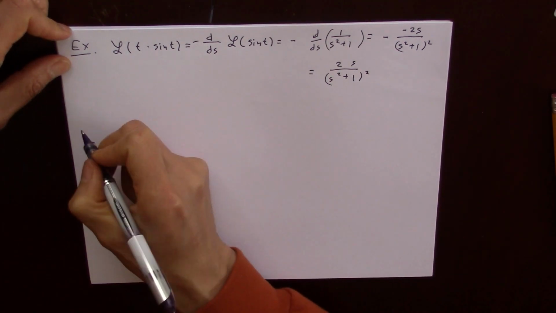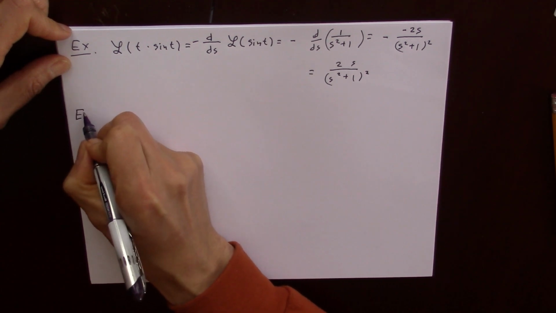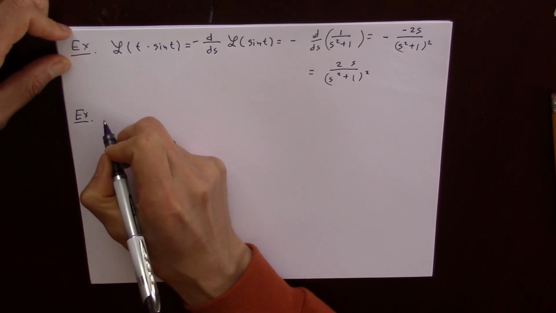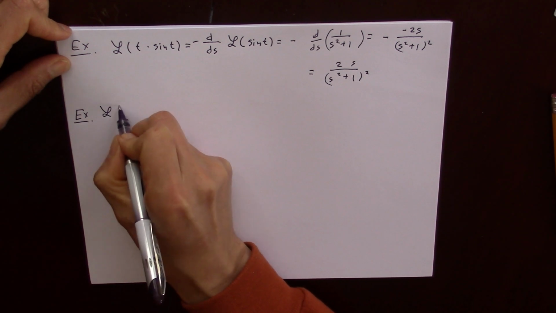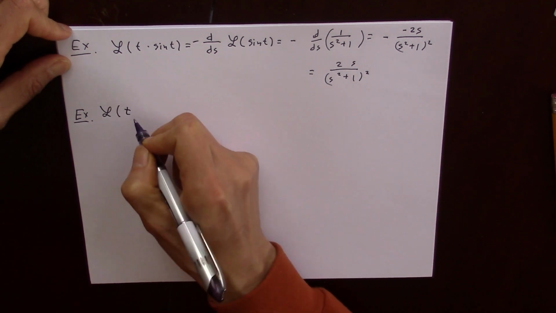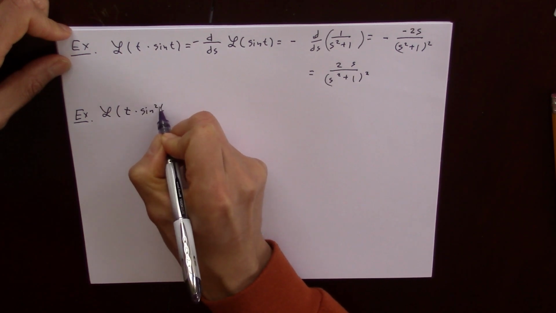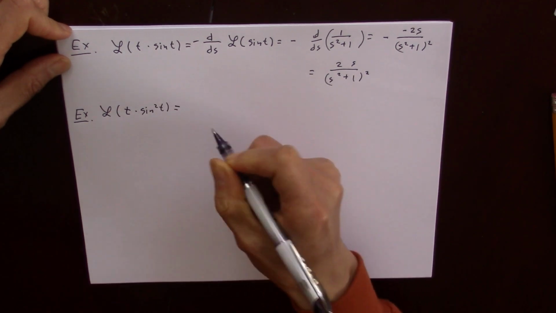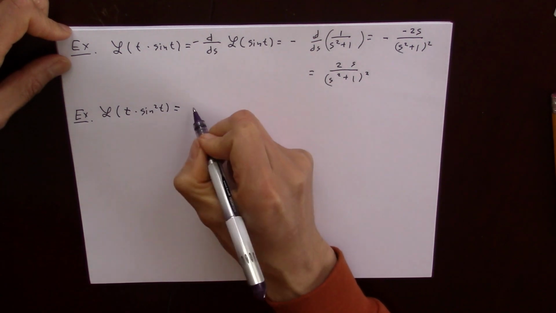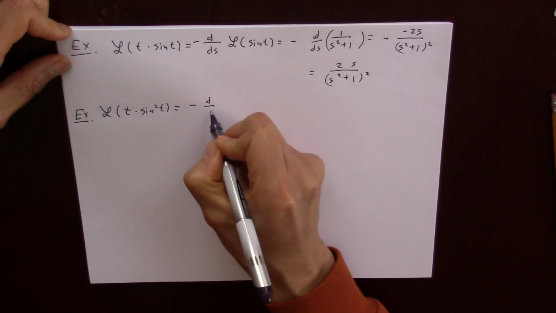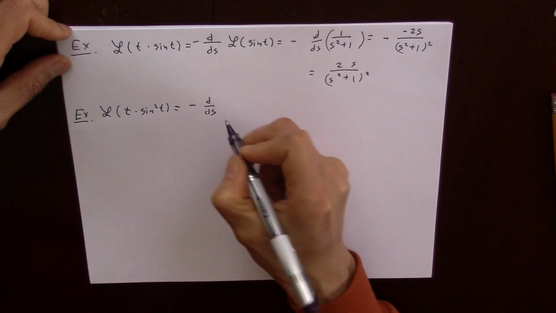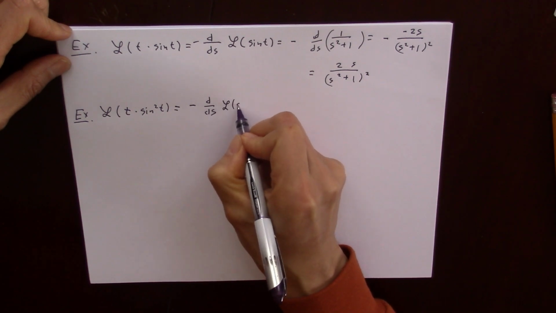Okay, let's do another example. One will have to take Laplace transform of expression which is multiplied by t. Because we're multiplying by t, it means it's negative derivative with respect to s of function.